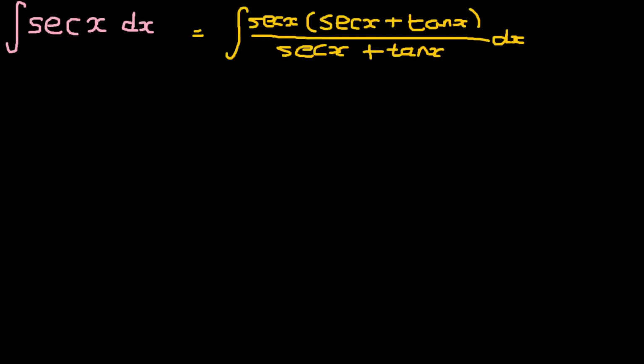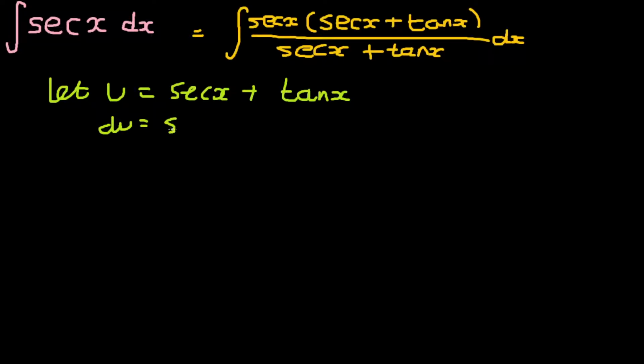And the nice thing about this is that it's very simple to evaluate. If we let u equal secant x plus the tangent of x, we get that du is equal to secant x tan x plus secant squared x, all multiplied by dx.